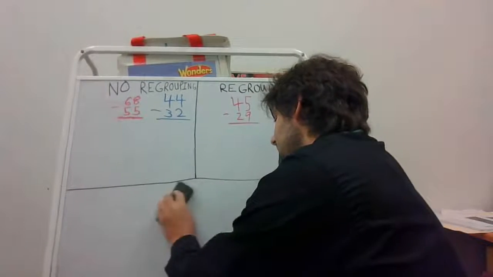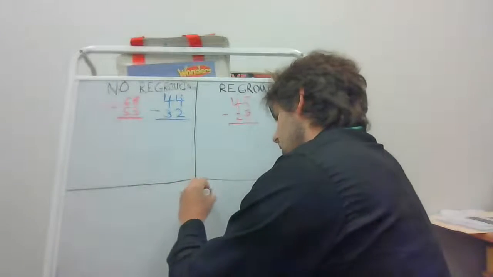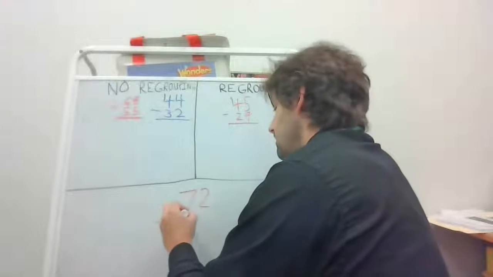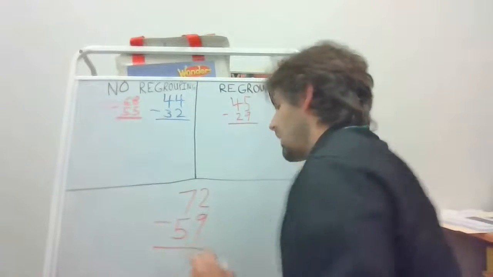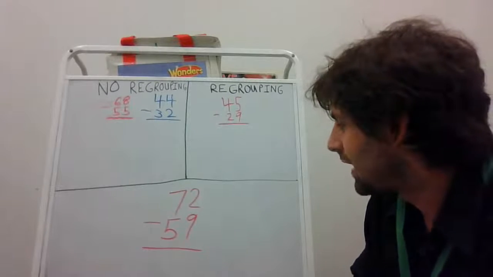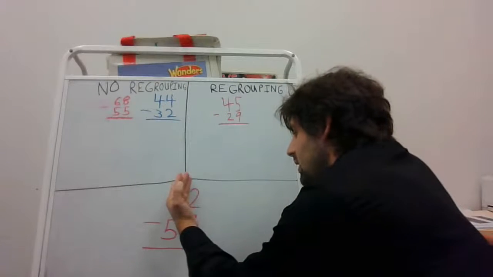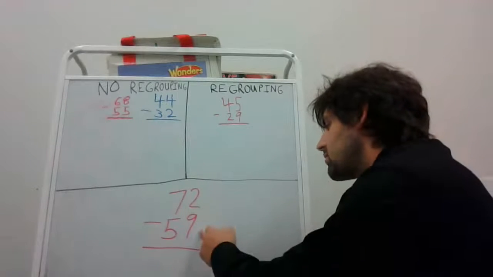Next problem. All right, 72 minus 59. Looking at the digits in the ones place, 9 is bigger than 2. The bottom number is bigger for this one.